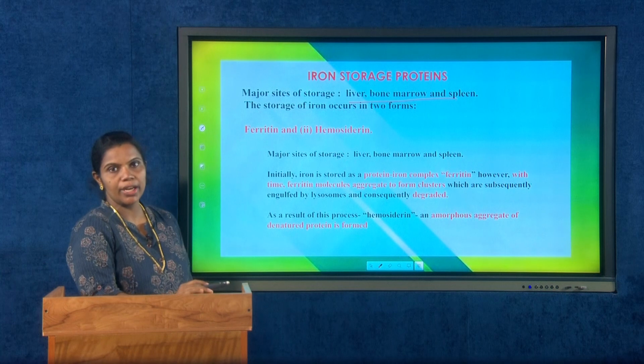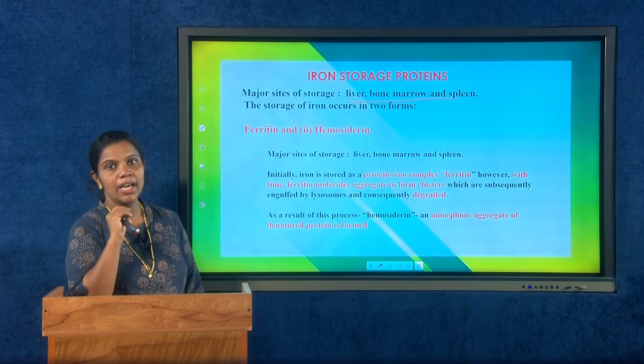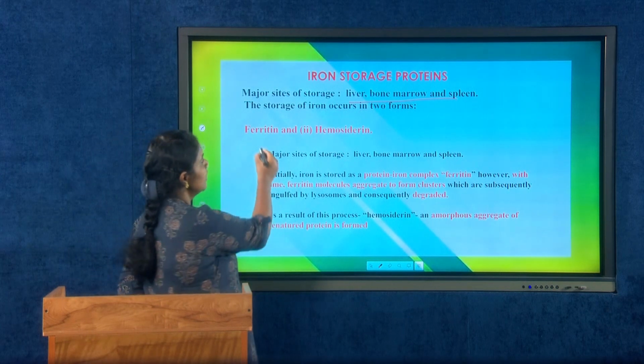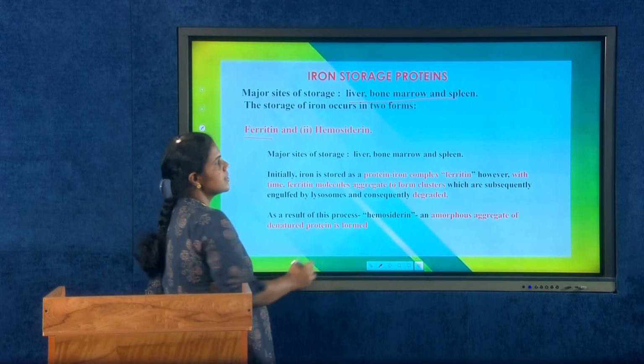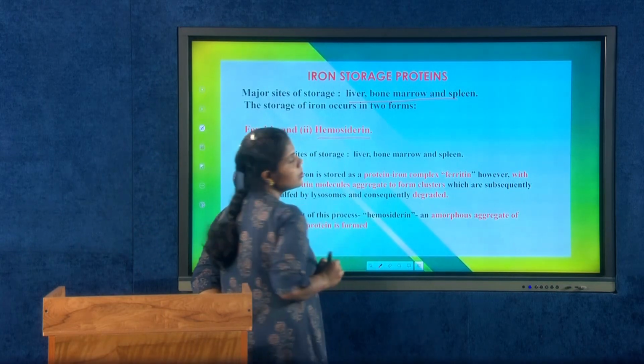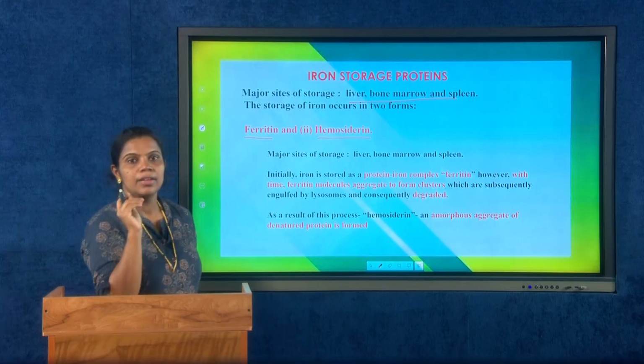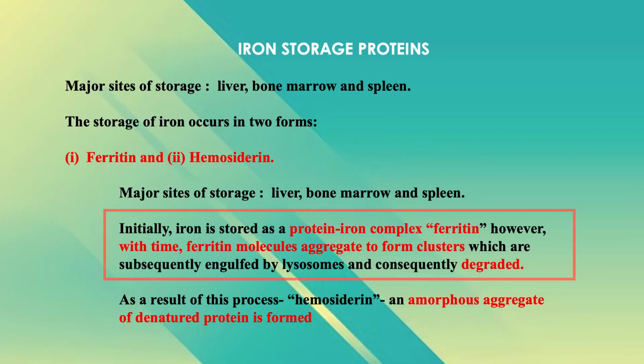Actually, iron storage occurs in two forms. It is stored by ferritin and also by hemosiderin. Initially, iron is stored as a protein iron complex, ferritin.